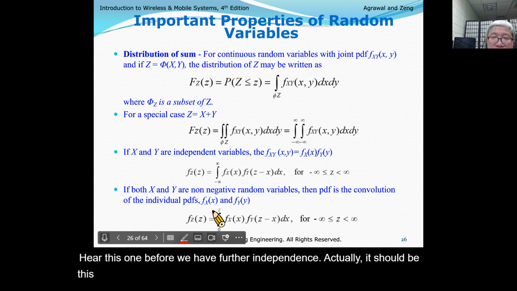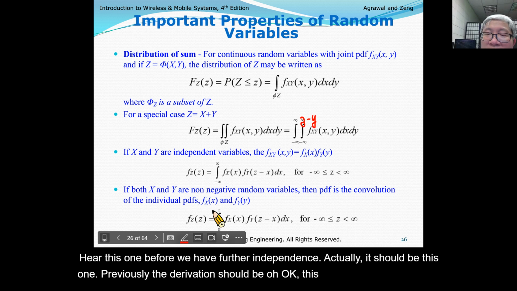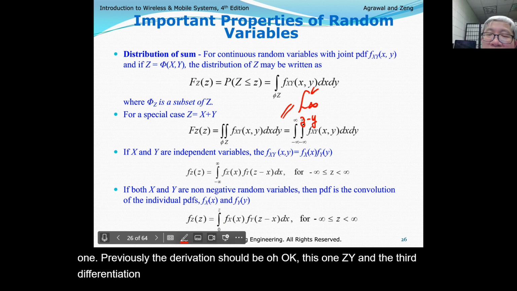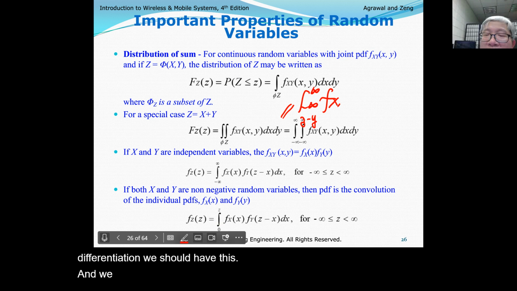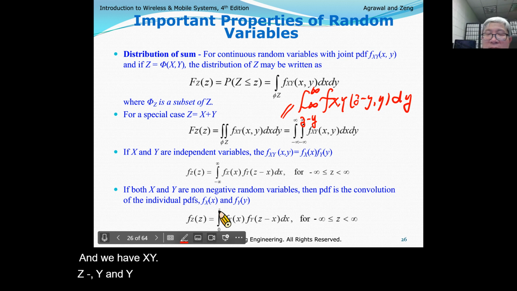Previously the derivation should be z minus y, and through the differentiation we should have this: the joint density at z minus y and y, dy.